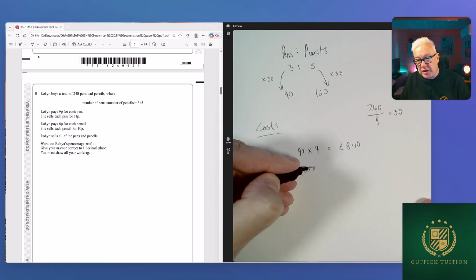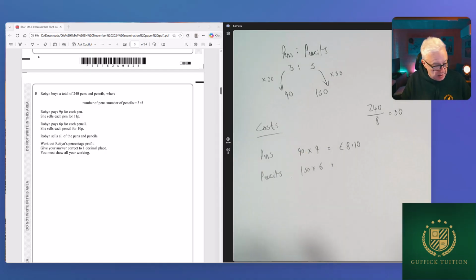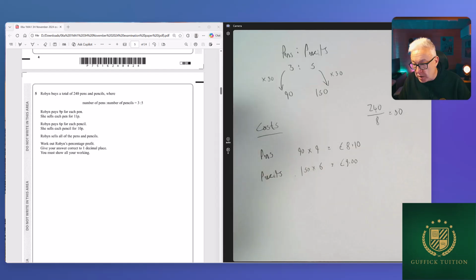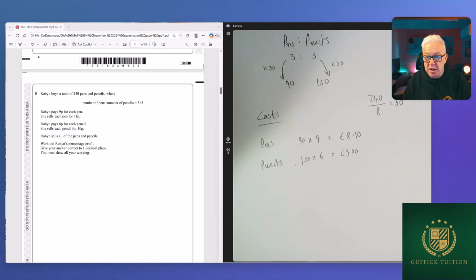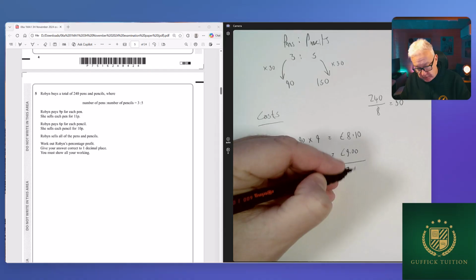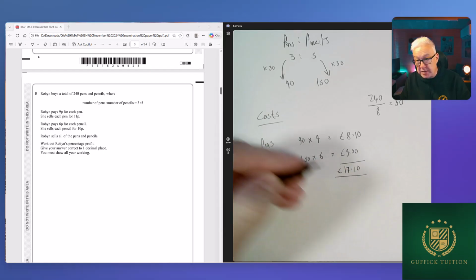So 150 times by 6p. Let's see what that gives us. 150 times by 6 is £9. Okay, so £9 is how much Robin's paid. So in total, we can see that Robin has paid £17.10 for the pens and pencils.